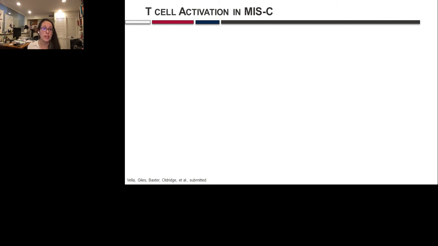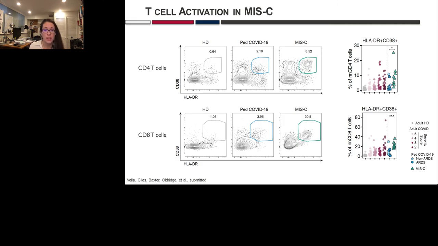Now we're going to look at the T cell activation, again using some of those same markers we described earlier. What we can see is that there is a small percent of activated CD4 and CD8 T cells in the pediatric COVID-19 patients. But if you look at the MIS-C examples here, there's a huge expansion of both the activated CD4 and CD8 T cells in circulation.